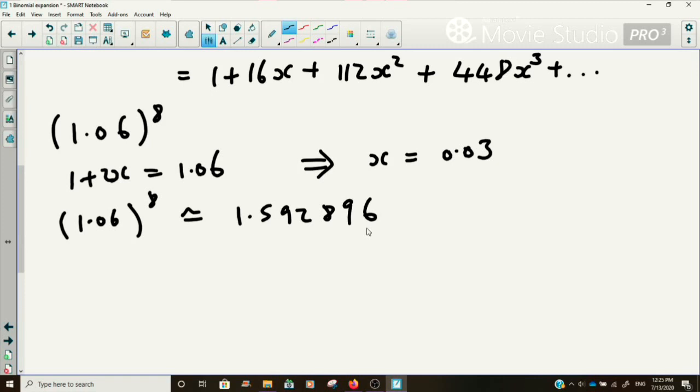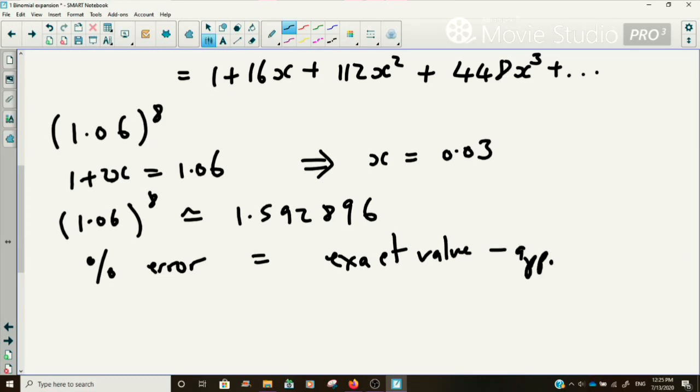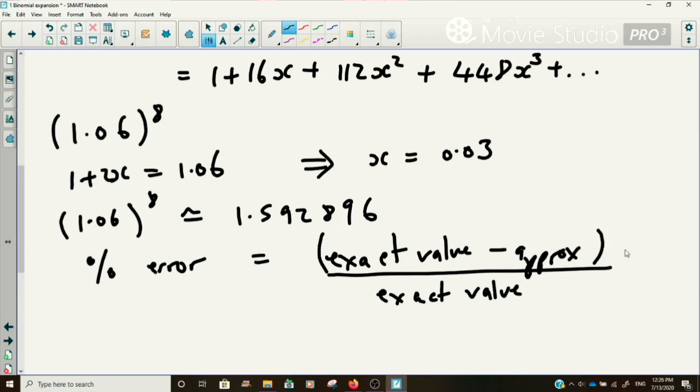Now the last part of the question was to work out the percentage error, and you need to copy down the formula for this. So percentage error is equal to the exact value minus the approximation over the exact value, and because it's a percentage, we have to multiply by 100.